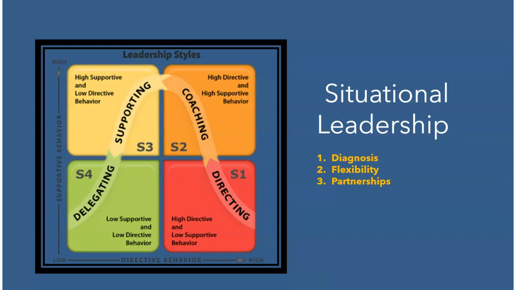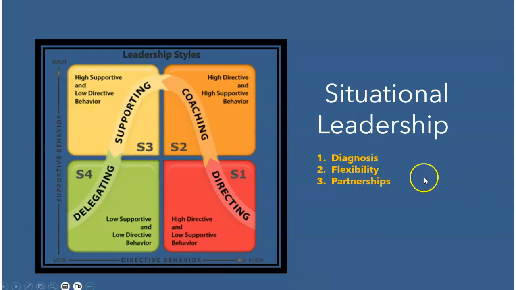What do they know? If they know a lot, they have high competency. How committed are they? Are they like, yeah, I'll do this till I find something better? Or are they tearing the world apart, so excited to be part of the organization? So we have to diagnose first our people's skill level. Where are they at on this chart?